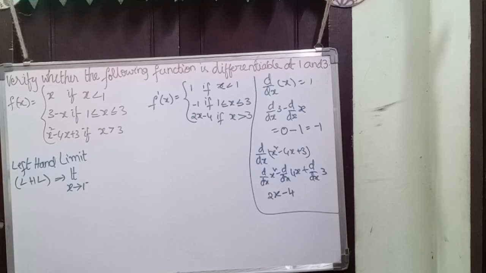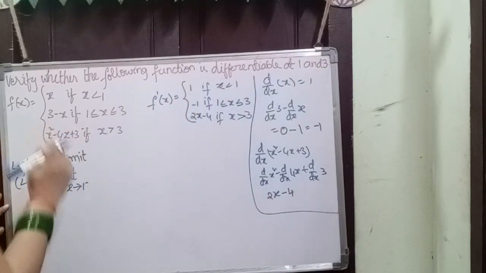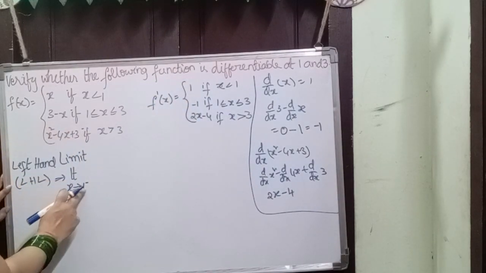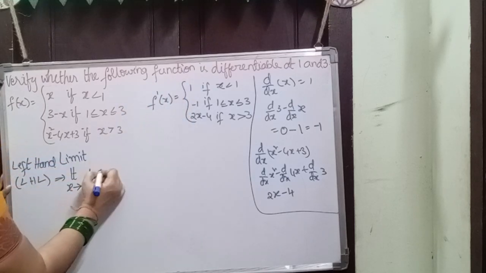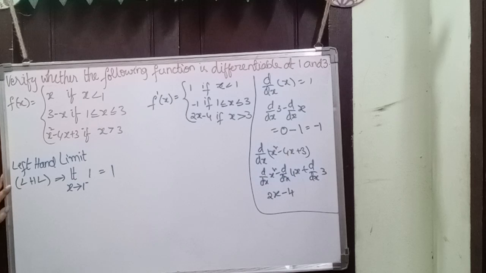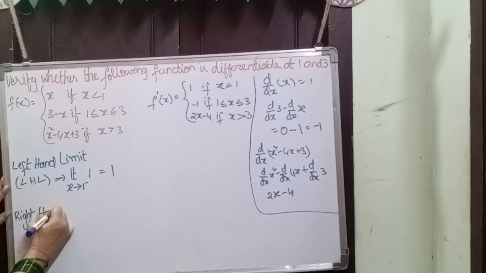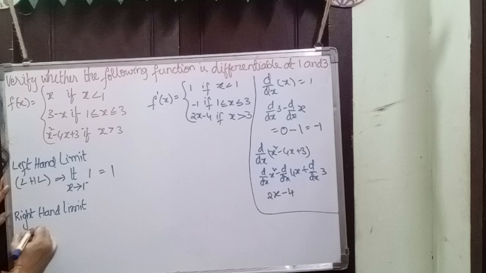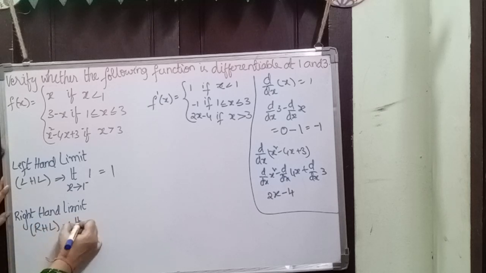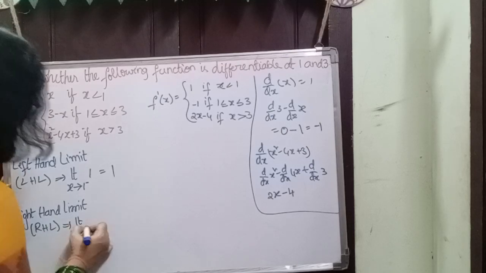Now substitute these values here. Limit x tends to 1 minus, meaning less than 1, so you take 1, which equals 1. Next, the right hand limit, RHL, implies the right hand side, which is all positives.